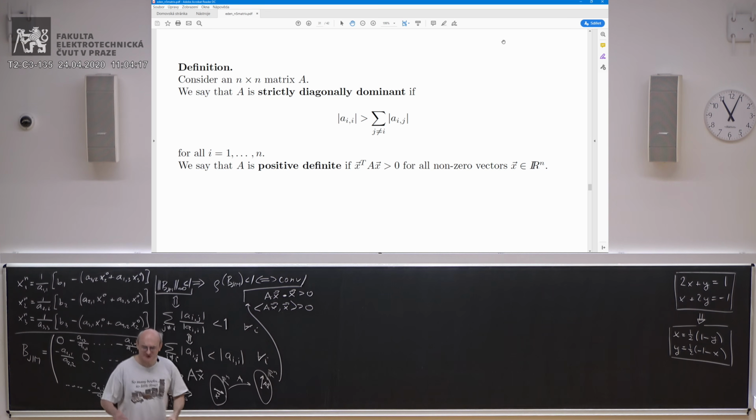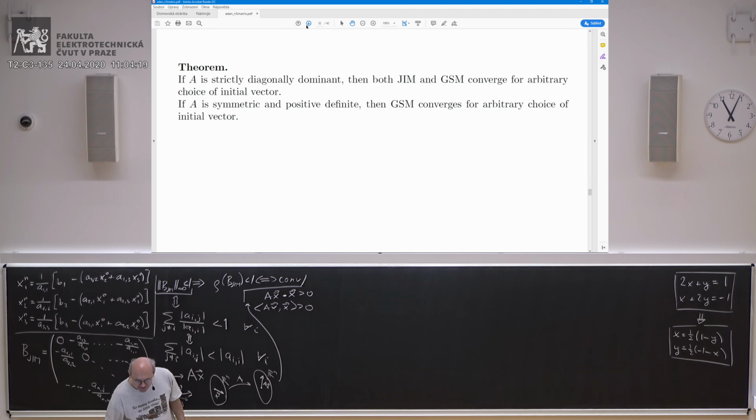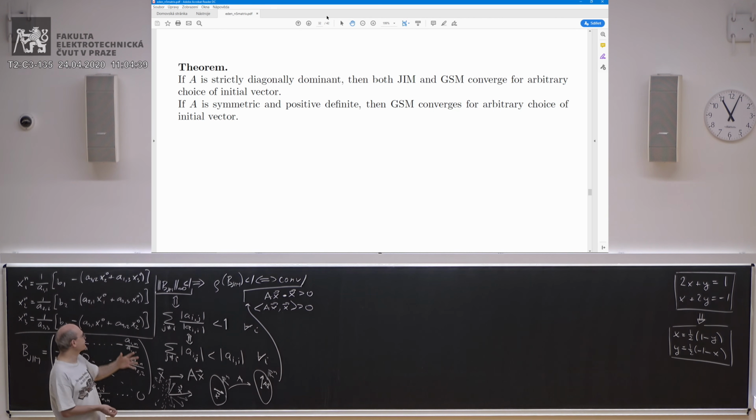Now, the crucial theorem, or the useful theorem. If you have a strictly diagonally dominant matrix, then Jacobi and Gauss-Seidel iterations converge. That's perfect news. And in a way, this is a proof for Jacobi. For Gauss-Seidel, one can do a similar proof. If A is symmetric and positive definite, now symmetry you can see just by looking at the system.